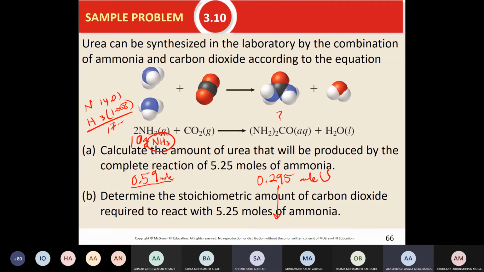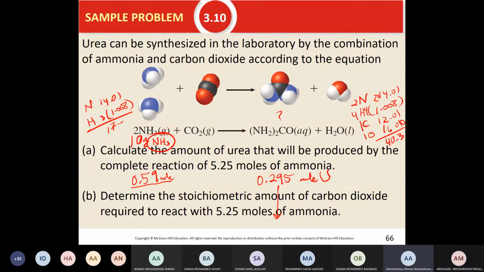Nitrogen, 2 nitrogen: 2 times 14.01, and then 4 hydrogen, which is 4 times 1.008, and 1 carbon, which is 12.01, and 1 oxygen, which is 16.00. Add them together. 60.06.